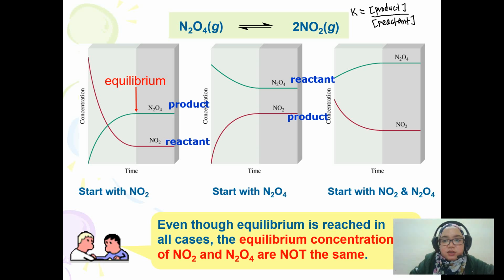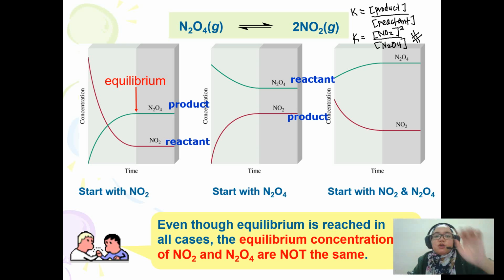Am I right? So this is the product, so this is the reactant. So K here is equal to concentration of product NO2 to the power of 2, because this is the stoichiometric coefficient, right? Over concentration of N2O4. So this is how you do the equilibrium constant K punya expression untuk this chemical equation.